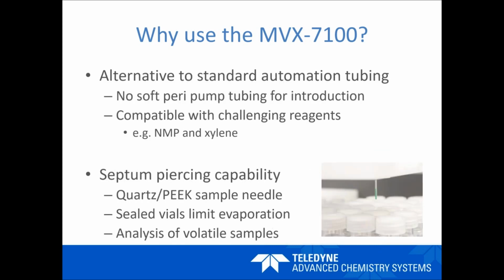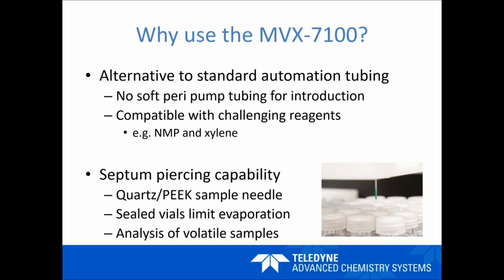So there are also some other benefits that we've seen, some other reasons to use the system. There's no peristaltic pump tubing associated with sample introduction in this case. Now, peristaltic pump tubing is great for a lot of applications, but it doesn't stand up very well to certain reagents, particularly organic solvents. If you want to work with a concentrated organic solvent, you might have some issues with that kind of tubing.